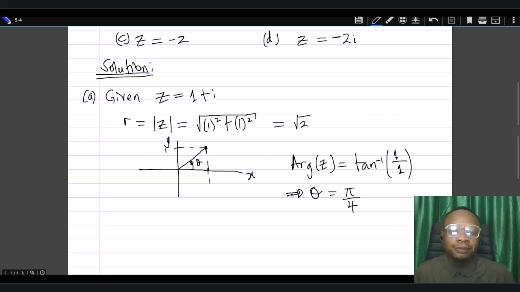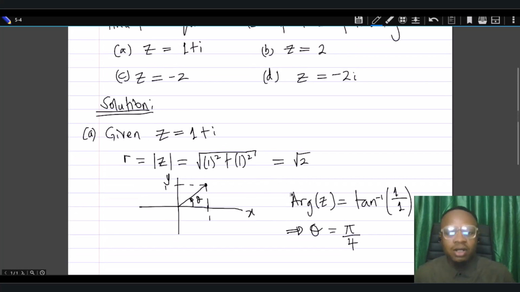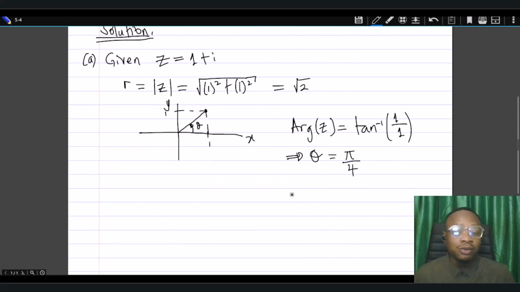So what do we have to do here? We have to get the square roots of this number. What you need to recall now is the expression that we obtained for getting the nth root of a number in the last few lessons.